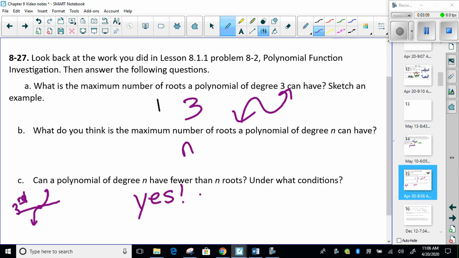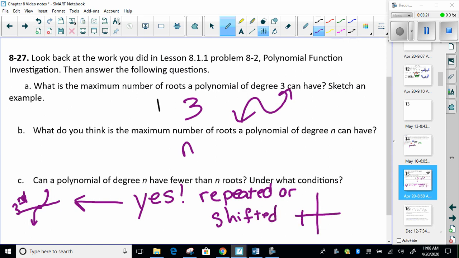They could be repeated roots, which is this example, or it could be shifted, which would be this one. So we need to be careful. Just because we only see it crossing our x-axis a certain number of times doesn't mean that is the degree of the polynomial. But we know it can have up to and including that many roots.